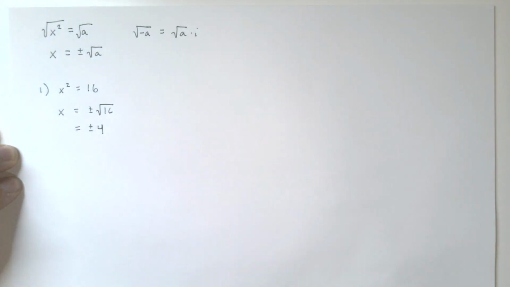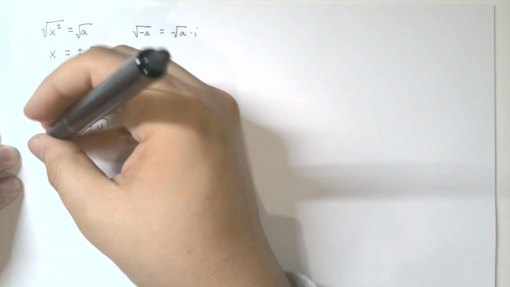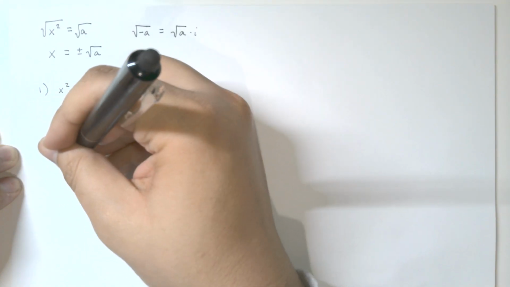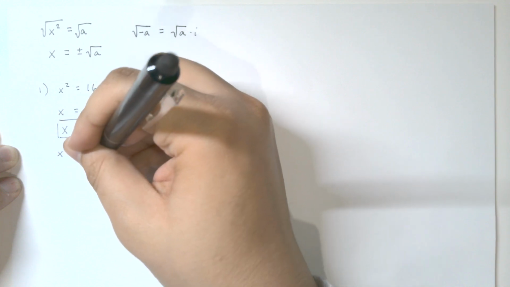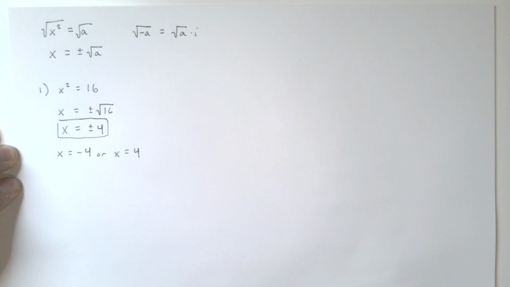Now remember that plus or minus means that we have two solutions. x equals plus or minus 4 is the same thing as x is equal to negative 4 or x is equal to positive 4. So just remember, anytime you have a plus or minus in your solution, you have two separate answers here.